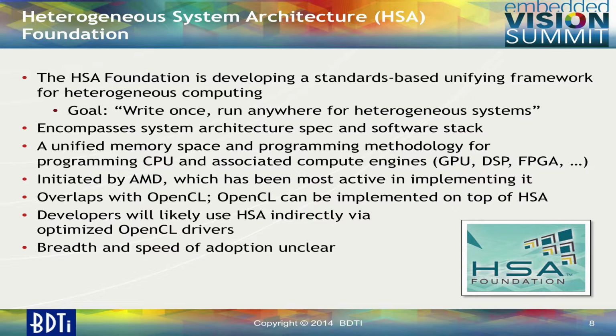And so a way to combat that risk is by more close coupling between the main processor and the coprocessor. And one way of implementing that is by having a shared memory space. And that's part of what the HSA Foundation specifies in their hardware architecture spec and supports in their software tool stack and API.